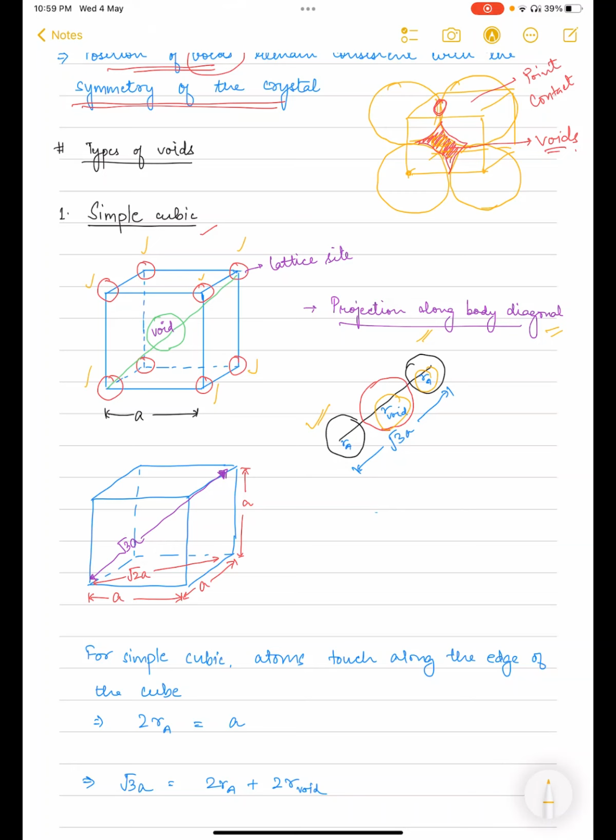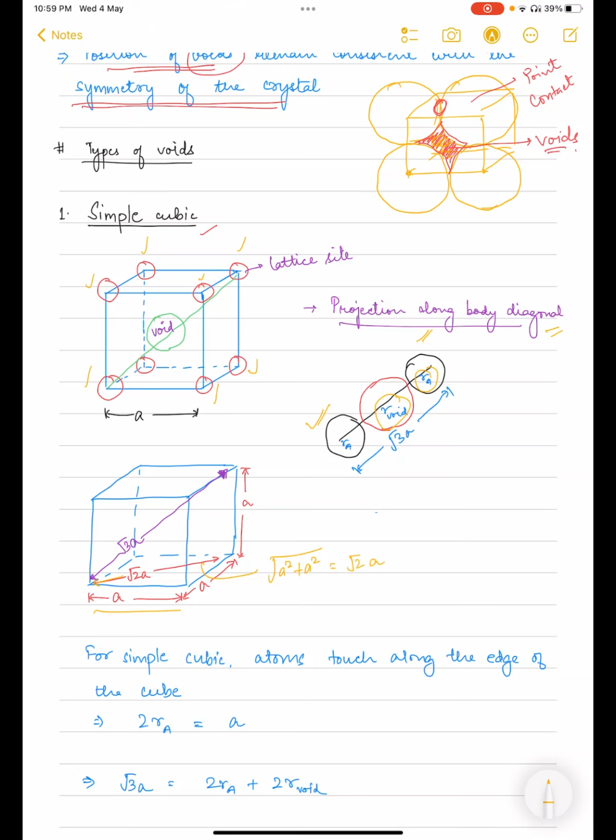So for a unit cell dimension of a, the diagonal of this face will be root 2 a, that is, under root of a squared plus a squared, giving you root 2 a.